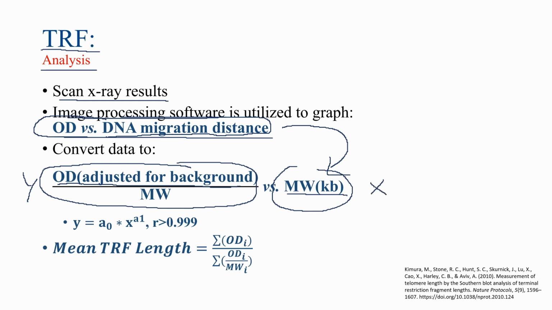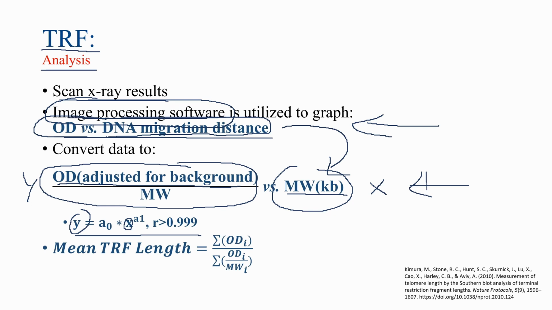Now, to obtain this graph from the previous graph that you obtained via an image processing software that you've utilized on your Southern blot outcome, you'll utilize the following equation that I'm underlining. The y here is the migration distance, and on the other hand, the x that you see here is the molecular weight in the new graph that you are creating.